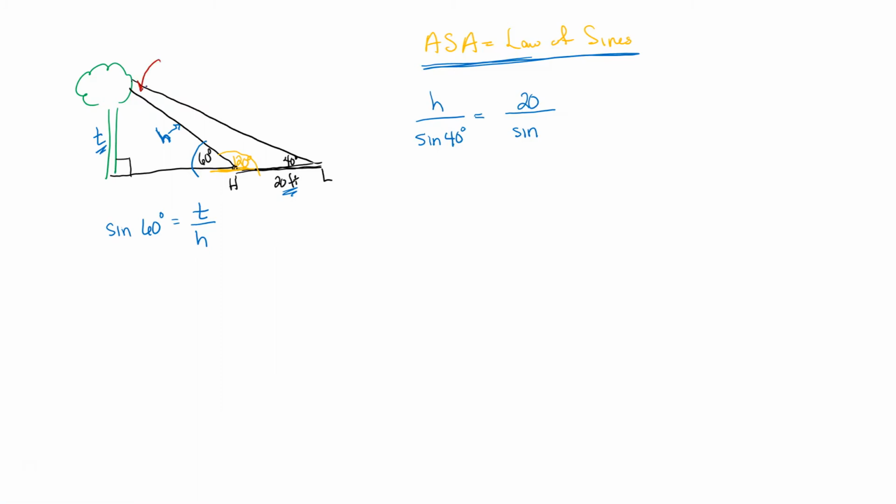I need to know this angle measurement, don't I? Okay, so I have 120, I have 40, so I have 180 minus 120 minus 40, right? Which means this is a 20-degree angle, isn't it?